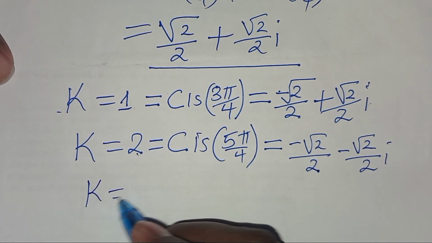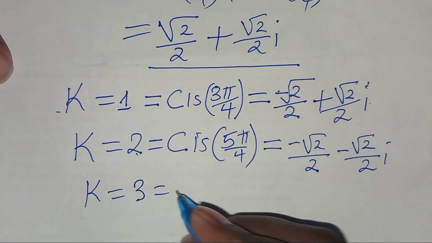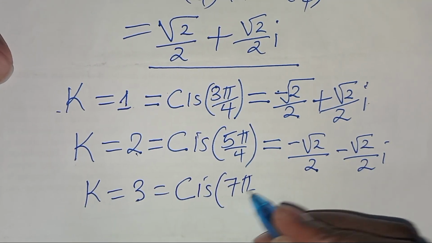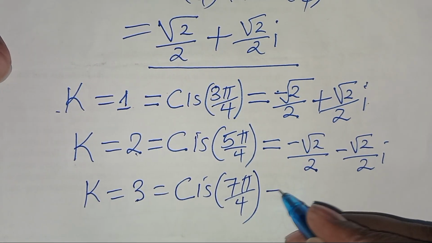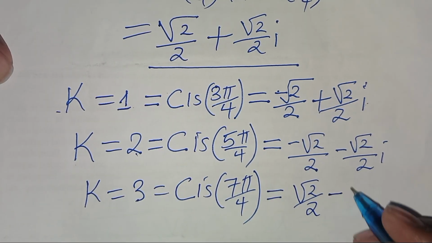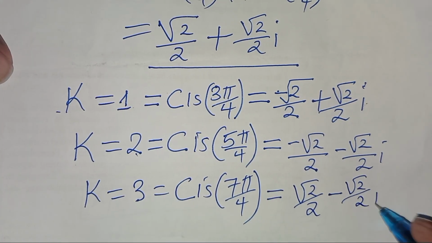When k is equal to 3, cosine plus i sine of 7 pi over 4 is equal to square root of 2 divided by 2 minus square root of 2 divided by 2 i.